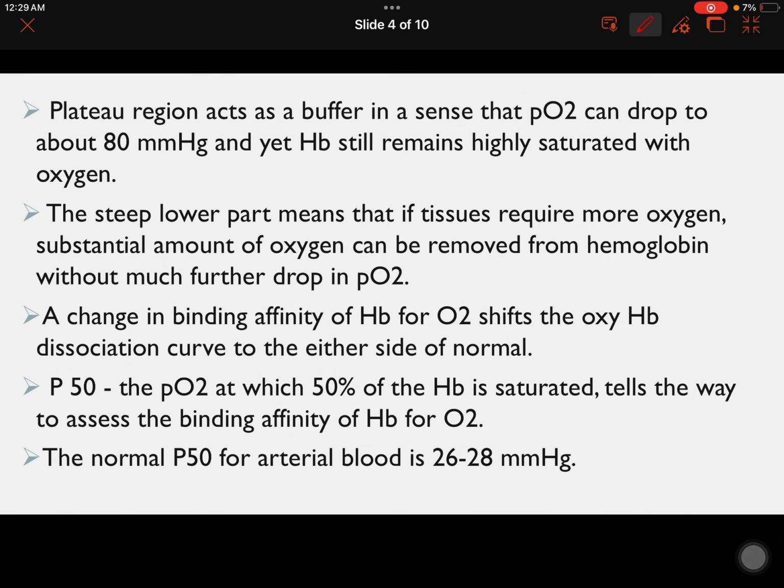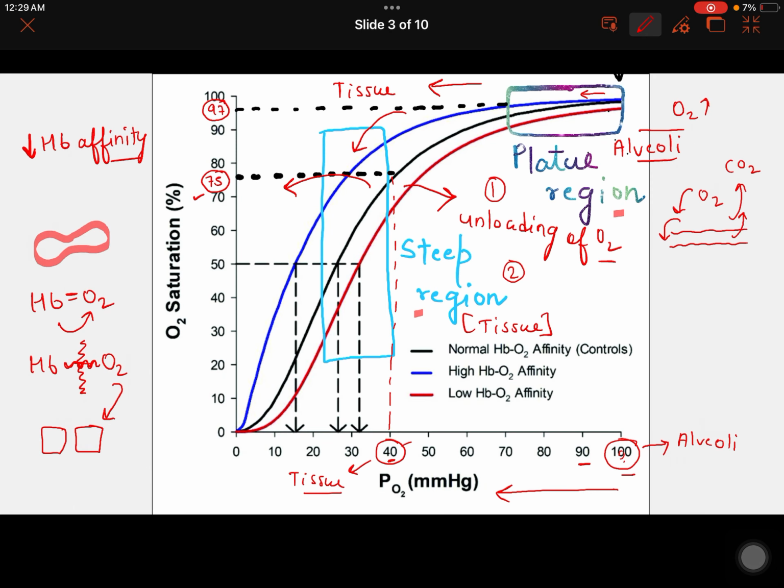Now one more thing, if we talk about the flat upper part, that is the plateau region, it is acting as a buffer, right? It is acting as a buffer in a sense that PO2 can drop to about 80 millimeter of mercury, yet the hemoglobin will be remaining highly saturated with the oxygen, which I have talked about in the previous slide also, that even if the oxygen is dropping further, for example to 90 or 80 or 70, still the saturation is not fluctuating further, right?